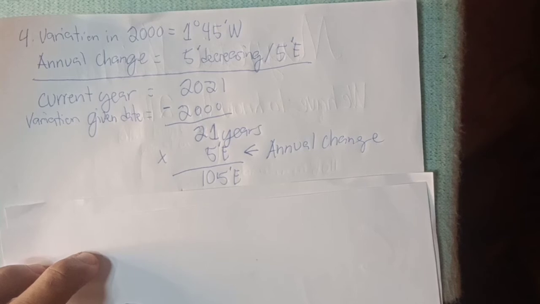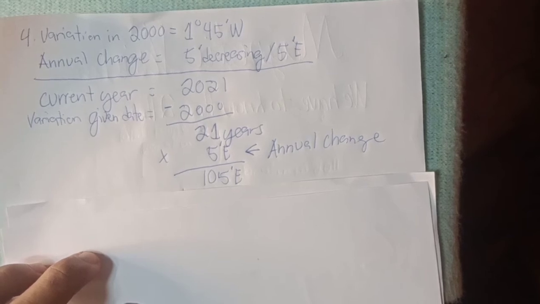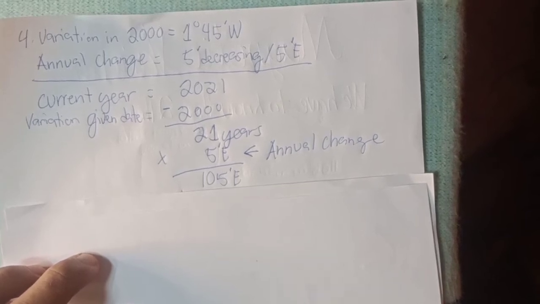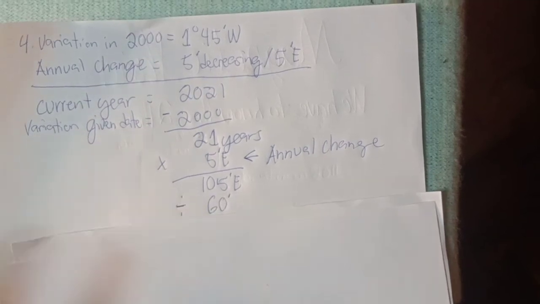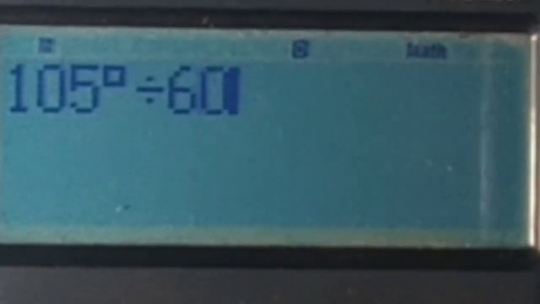So it exceeds 60 minutes. So we have to divide it by 60 minutes. 105 minutes divided by 60 is equal to 1 degree 45 minutes.